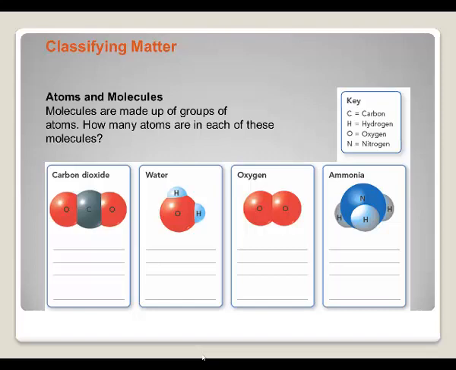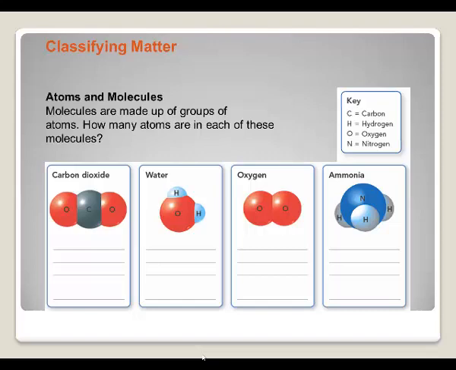So we use some picture representations of atoms in order to explain what they look like when they combine together and form molecules. You can see in the key, the C represents a carbon atom, the H represents a hydrogen atom, the O represents an oxygen atom, and the N represents a nitrogen atom.